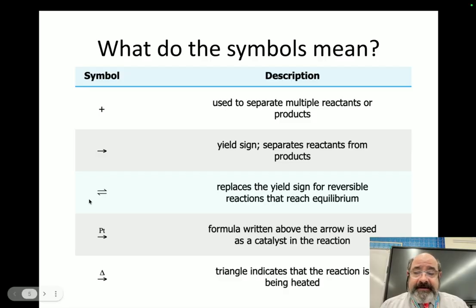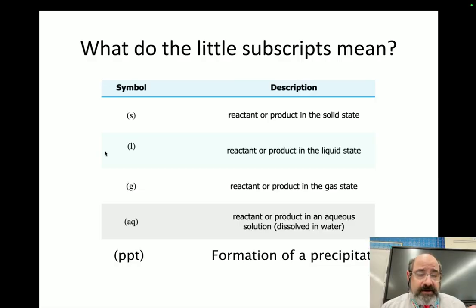If we have a double arrow, that's for reversible, equilibrium, later. This is if we have some kind of catalyst, which we'll talk about later. And a triangle means we have to add heat to make it go. So these are just little things that might be on equations, but the one that we're going to see right up front is the single arrow, meaning it goes.